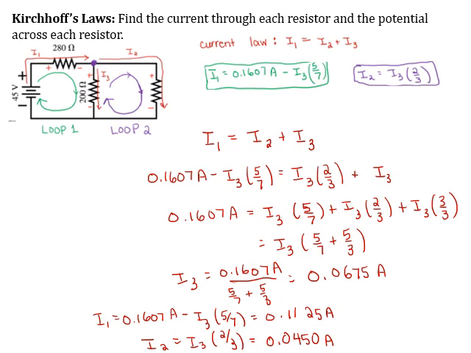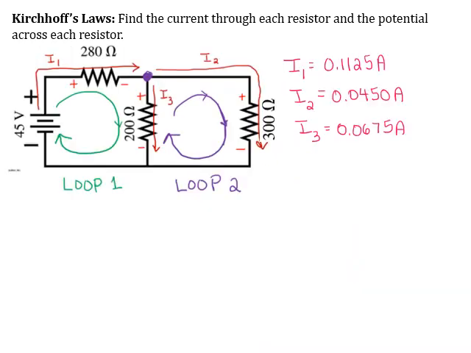We were also asked to find the potential across each resistor. To do that, we'll use Ohm's law with each of the currents and the resistances that we already know. To finish up our problem now, we'll find the potential across each resistor just from using Ohm's law. So let's do our 280 ohm resistor first. The potential across our 280 ohm resistor is equal to the current through it, I1, times the resistance, 280 ohms.